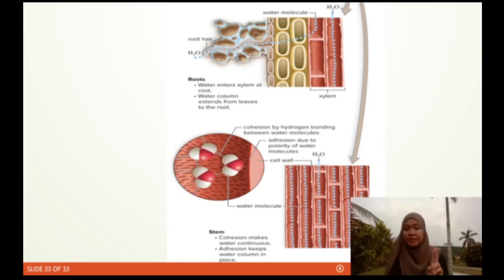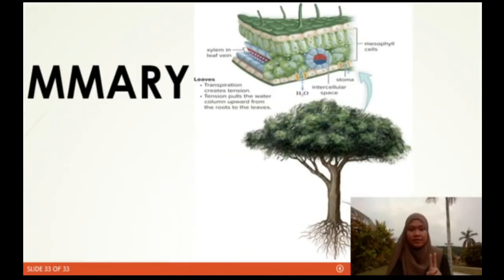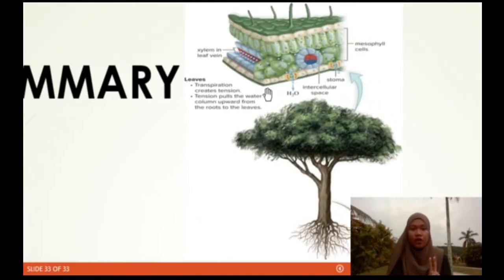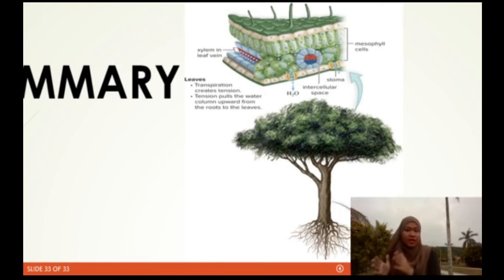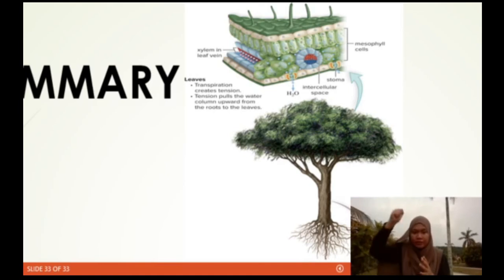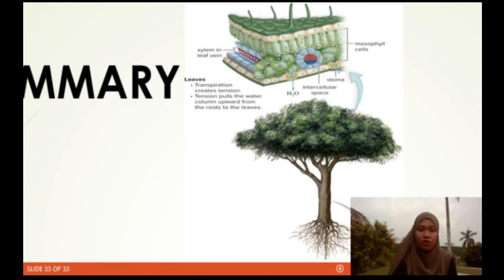Cohesion and adhesion help the movement of water too. Then last but not least is the leaf. In the leaf, there is transpiration, which creates tension. Then the tension is what pulls the water column upward from the roots to the leaf. That's all from us.